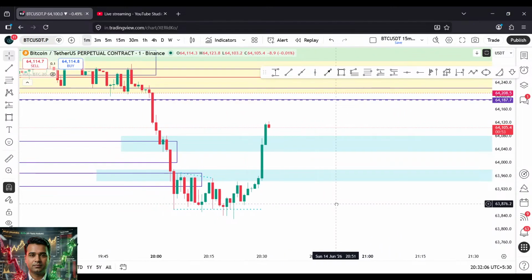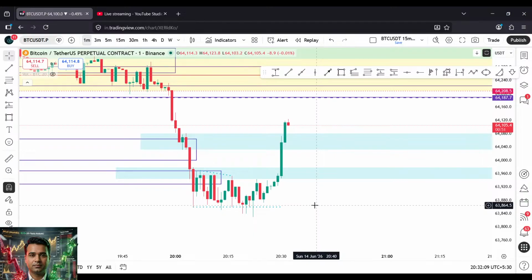T on 1 minute, so we cannot zoom it further.